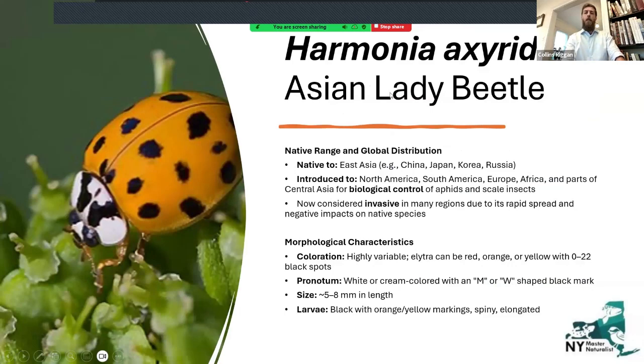So I want to hit on this one, the Asian lady beetle, Harmonia axyridis. This one comes from East Asia, and it's native originally to China, Japan, Korea, and parts of Russia. It was introduced to North America, South America, and Europe as a method of biological control, which is typically why non-native ladybugs are introduced.